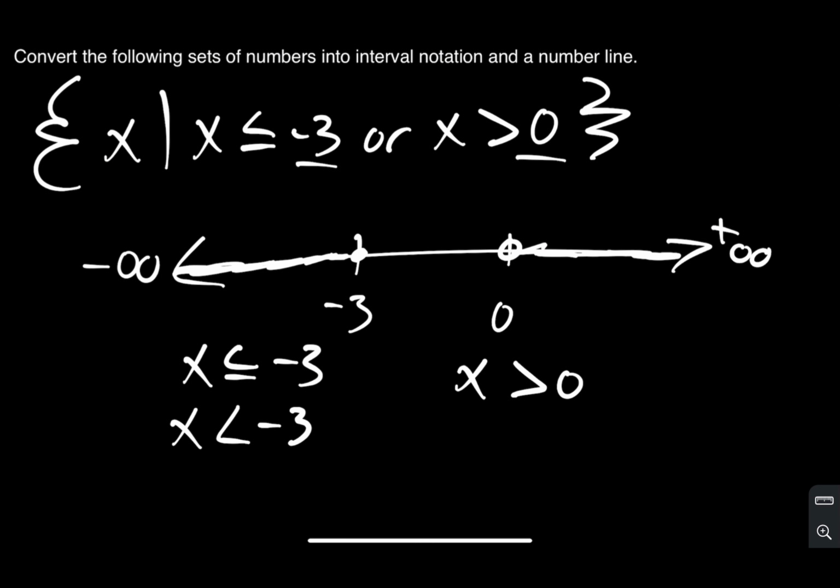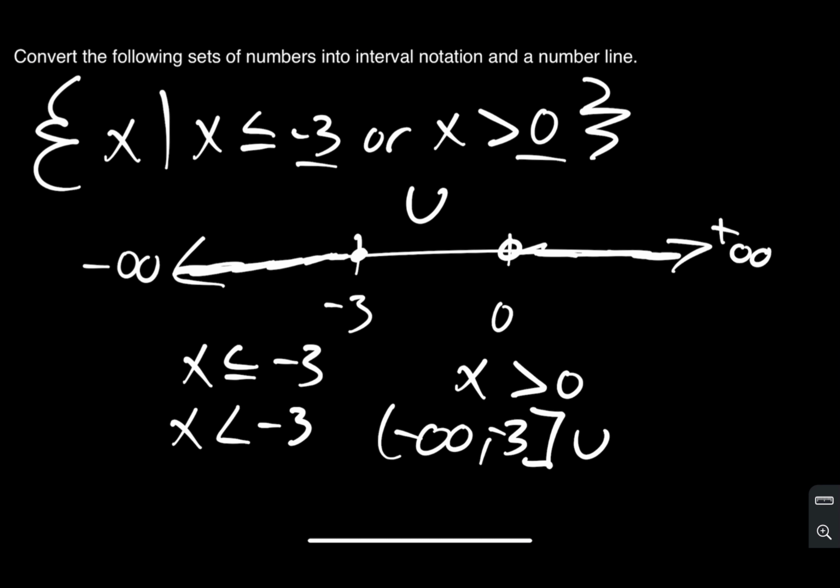So in our interval notation, we have negative infinity, comma negative 3. Infinities are always going to have parentheses, and negative 3 has a shaded endpoint, so we use a bracket right there. Then we have a gap in our number line between negative 3 and 0. We have no shaded in part, so we have to use a union symbol.